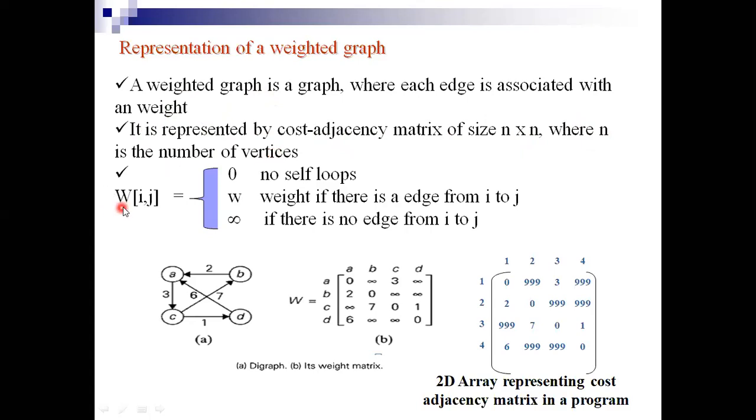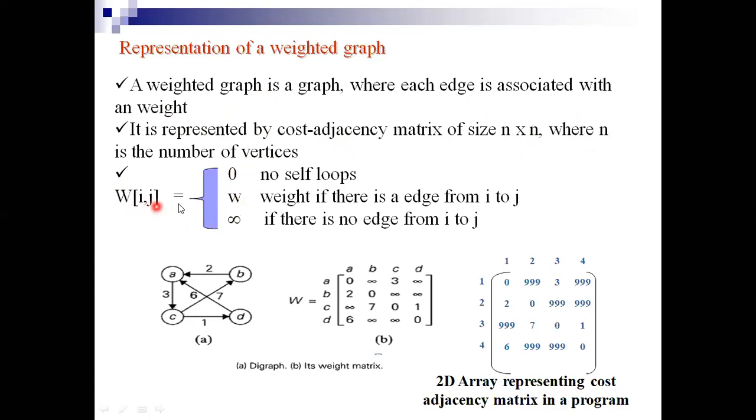So if I name the weighted graph as W, then every entry in the matrix W will be either 0, the weight, or infinity. So there are three values in the cost adjacency matrix of the weighted graph. Let us now see when these three values are to be entered.